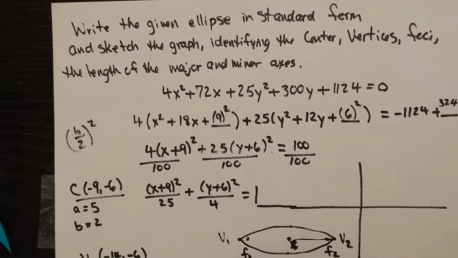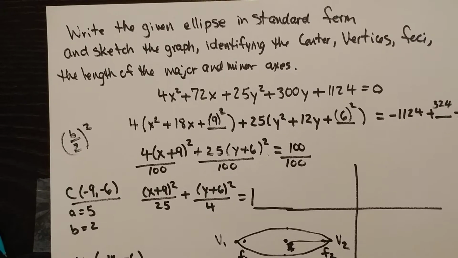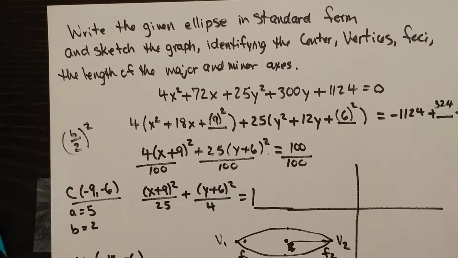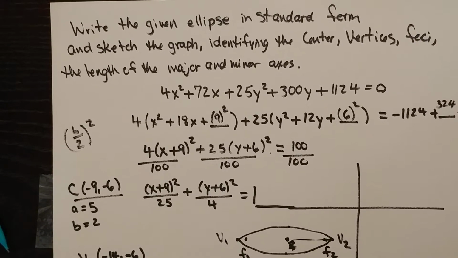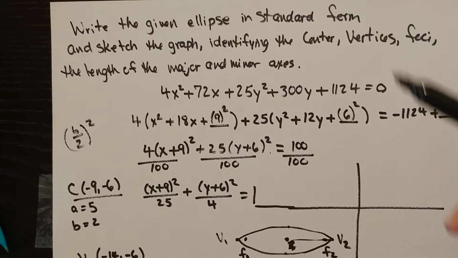So the x-coordinate will be -9 minus c, the square root of 21, and it's still at -6. F2 is going to be c units to the right of the center. So if the center is at (-9, -6), I'm going to go -9 plus the square root of 21, -6.